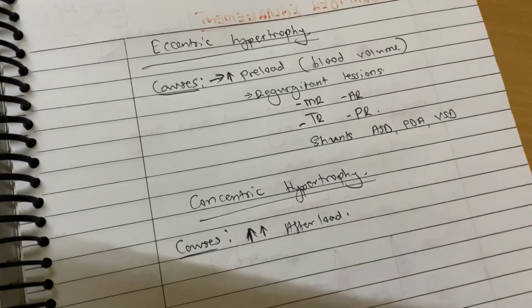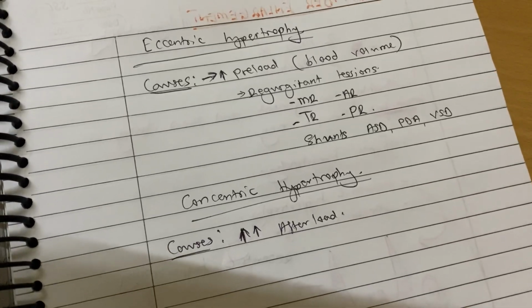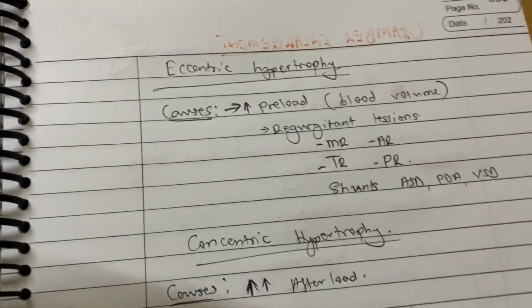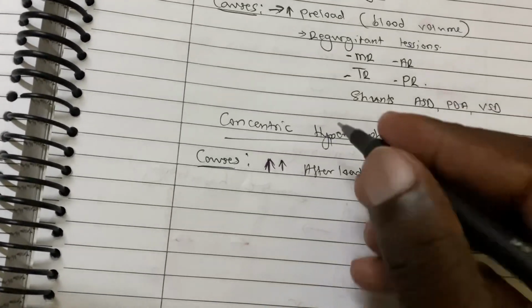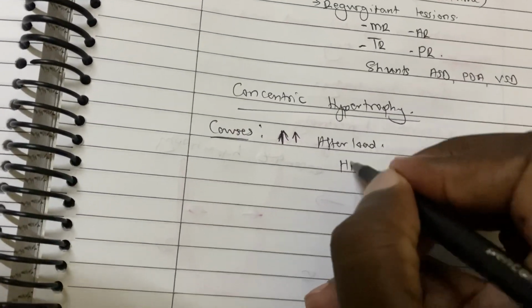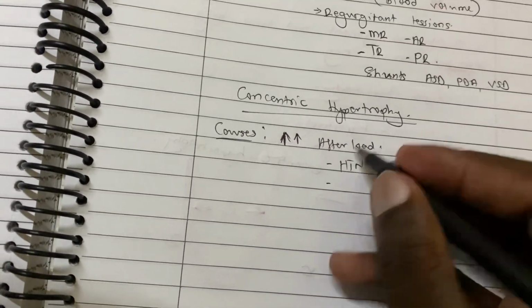And what was the increased afterload? That is, for example, blood pressure, the pressure against which the ventricle pumps, like aortic BP. So the causes can be increased afterload, for example systemic hypertension, and then valvular lesions, stenotic lesions.